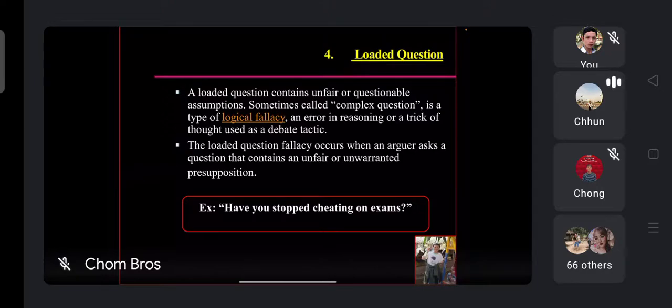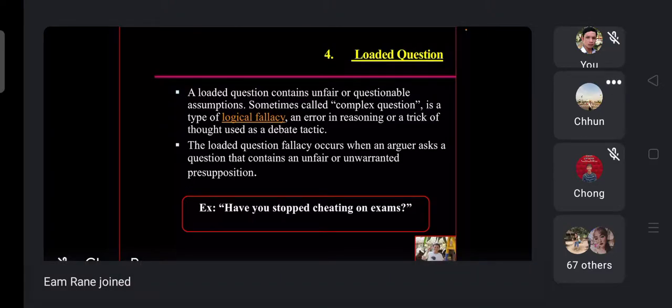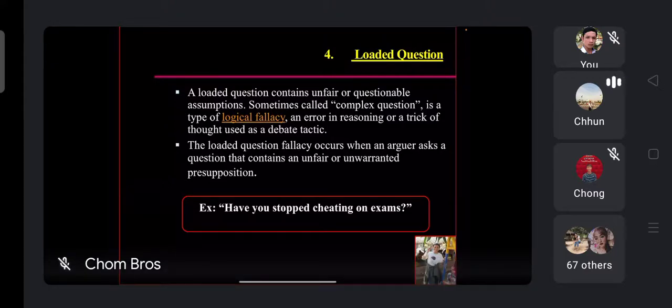So now I turn to the 4th part of my talk, which is about the loaded question. Do you know what a loaded question is? A loaded question contains an unfair or questionable assumption, sometimes called a complex question. It is a type of logical fallacy, an error in reasoning, or a trick used as a debate tactic.